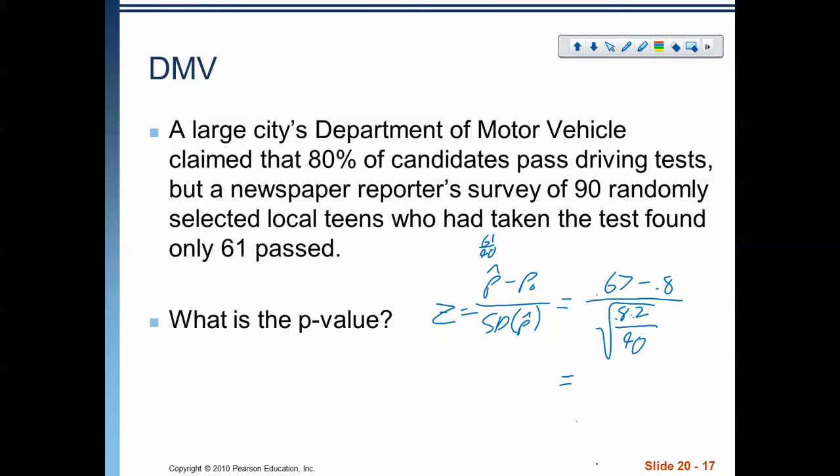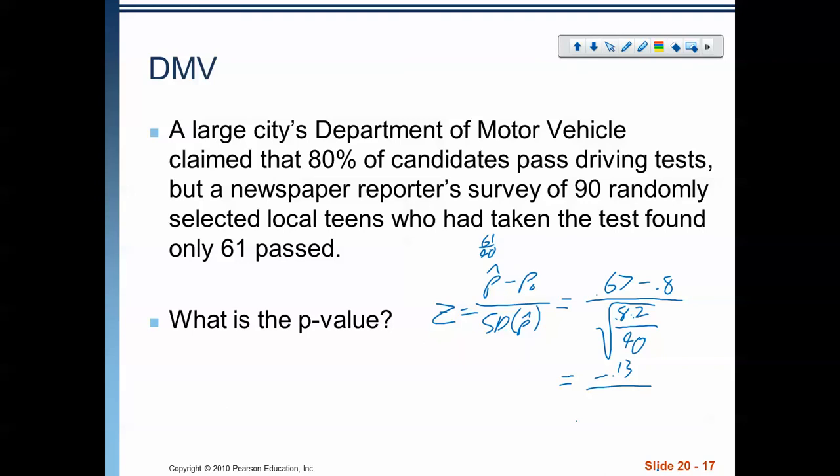0.67 minus 0.8 is negative 0.13, and that's all over the square root of 0.8 times 0.2, and I need to divide that by 90. Oops, I need to divide that by 90.